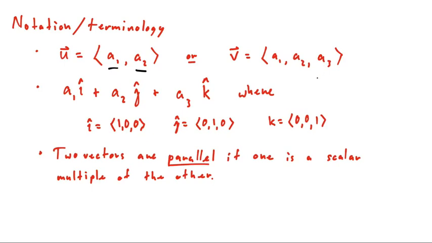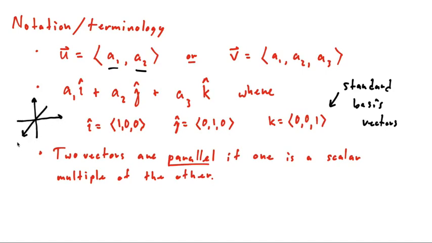Another common way of representing vectors is to use something called the standard basis vectors i, j, and k. We can visualize these vectors in 3 dimensions. If we plot a 3D coordinate system, using the right-hand rule, we have the x-axis, the y-axis, and the z-axis.